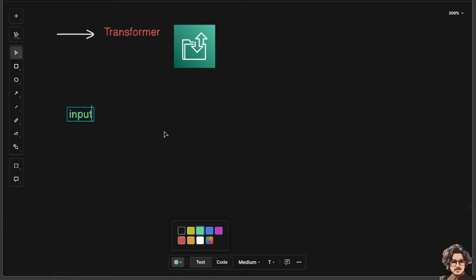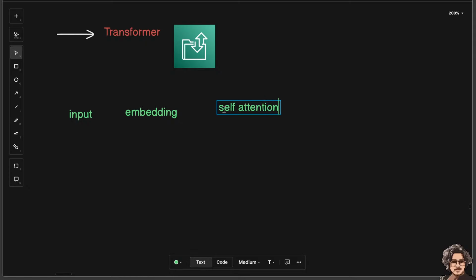After that comes embedding, then self-attention, which is a mechanism that focuses on the relevant parts, and then the feed-forward network, and the output.